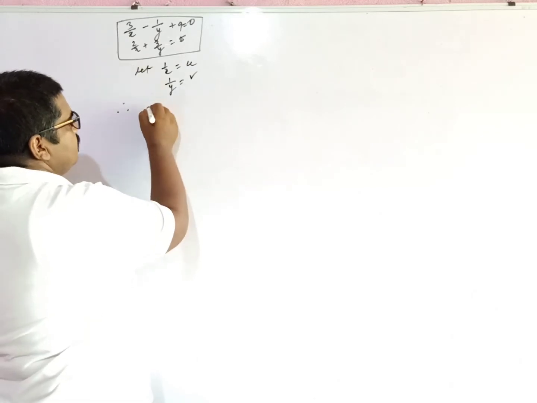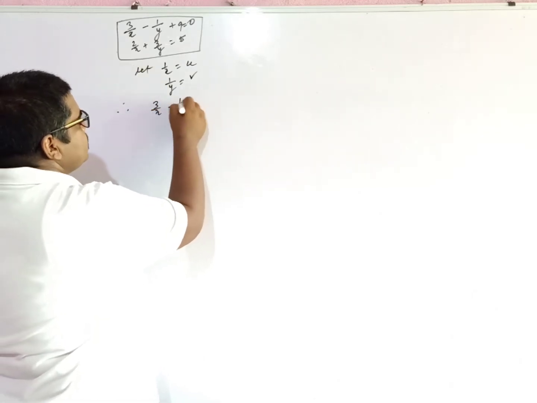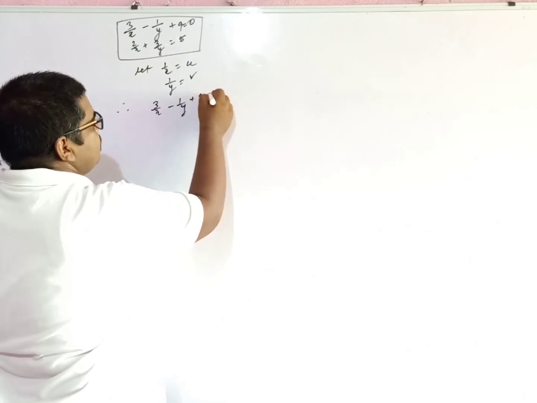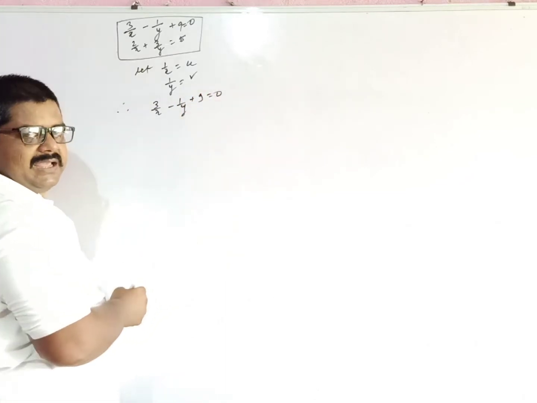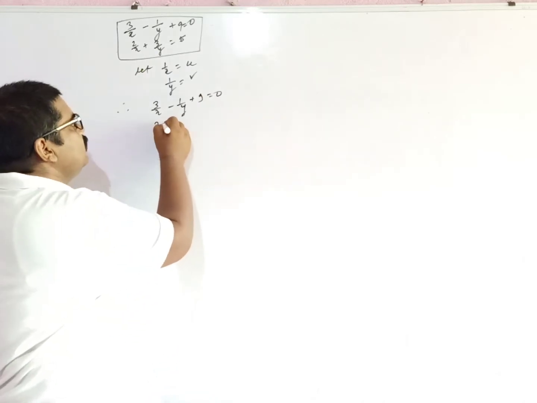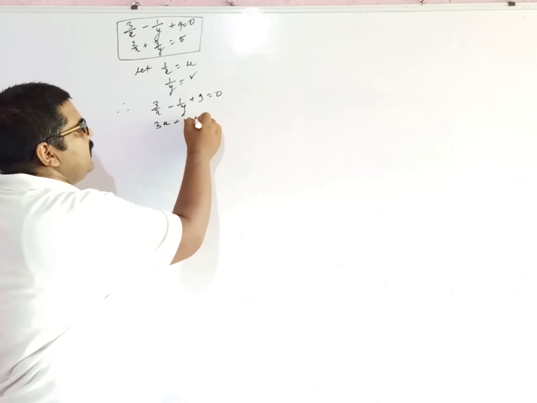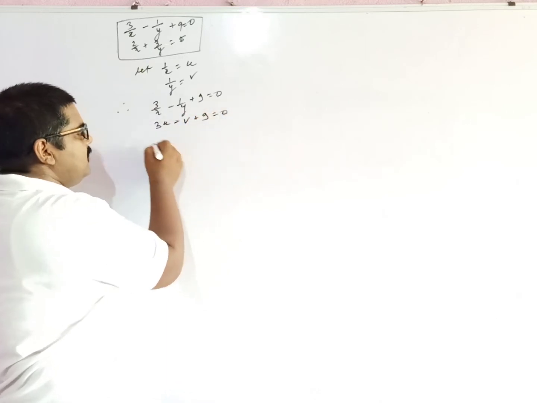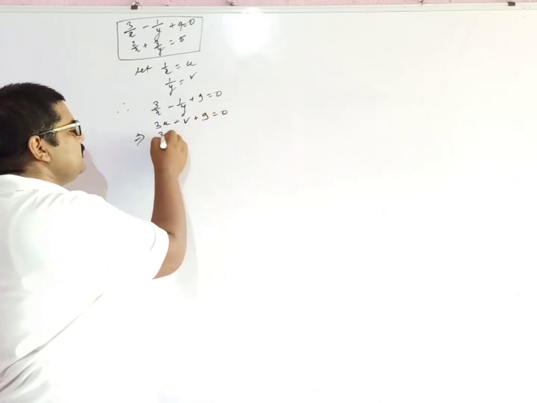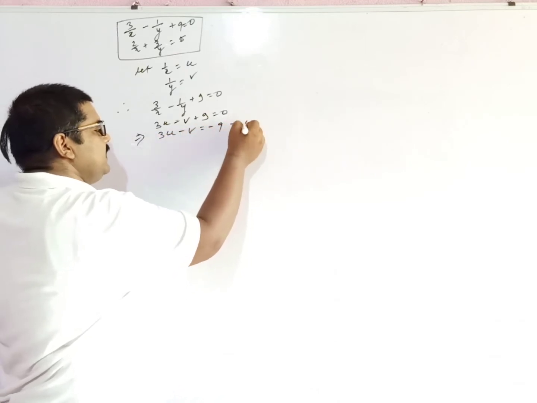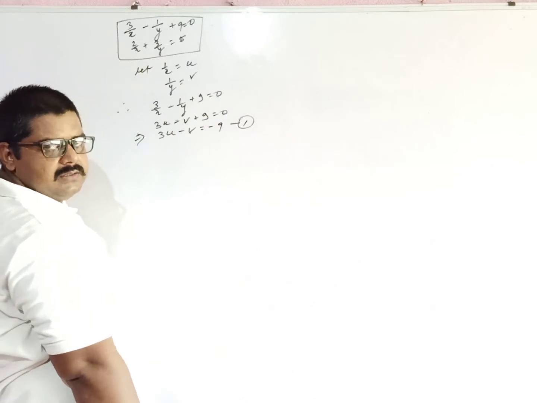Therefore, 3 upon x minus 1 upon y plus 9 is equal to 0 can be written as 3u minus v plus 9 is equal to 0, which can be written as 3u minus v is equal to minus 9, considered as first.